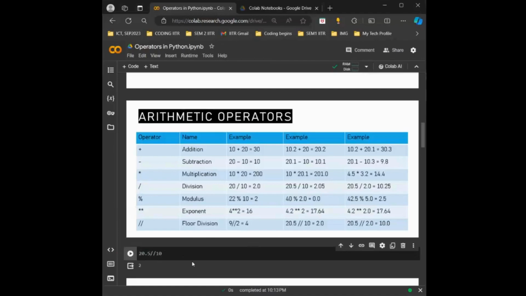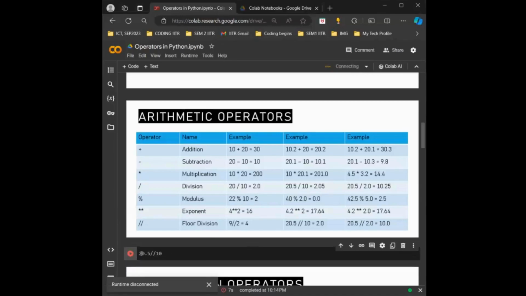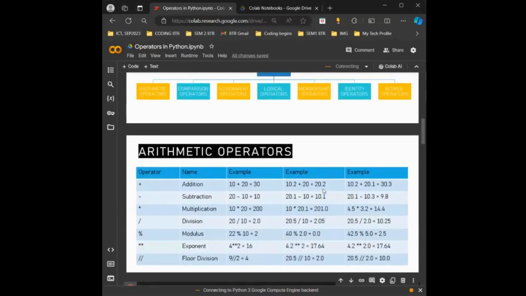20.5 divided by 10. Let us do the single division to see the result. What exactly is it coming? It is coming 2.05. What will happen if I apply the float division here? It will give me 2.0 here, but at the same time, it will ignore 0.05 and give 2 as the whole number to me.